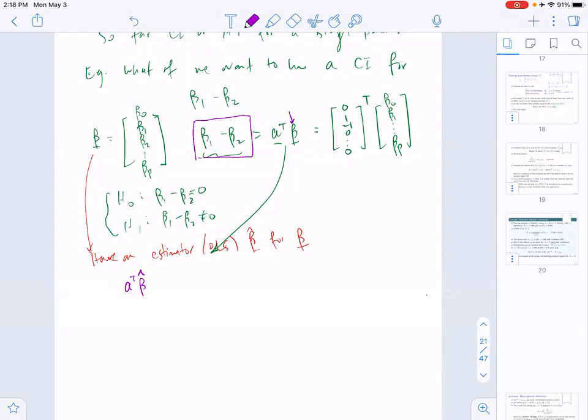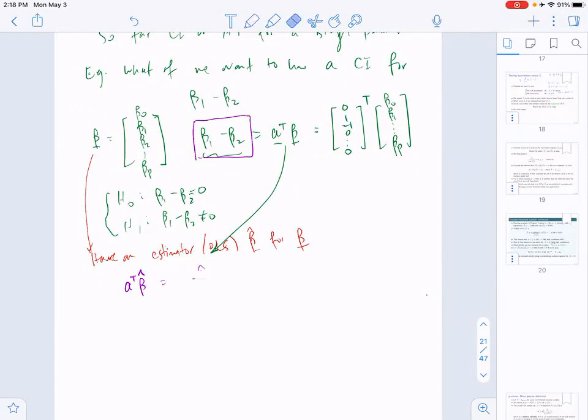So if I ask you what is the estimate of this, you have an estimate of this and you have an estimate of this, you just form the difference. That's the natural estimate. It would be equivalent to A transpose times beta hat, which in this case would be beta 1 hat minus beta 2 hat.